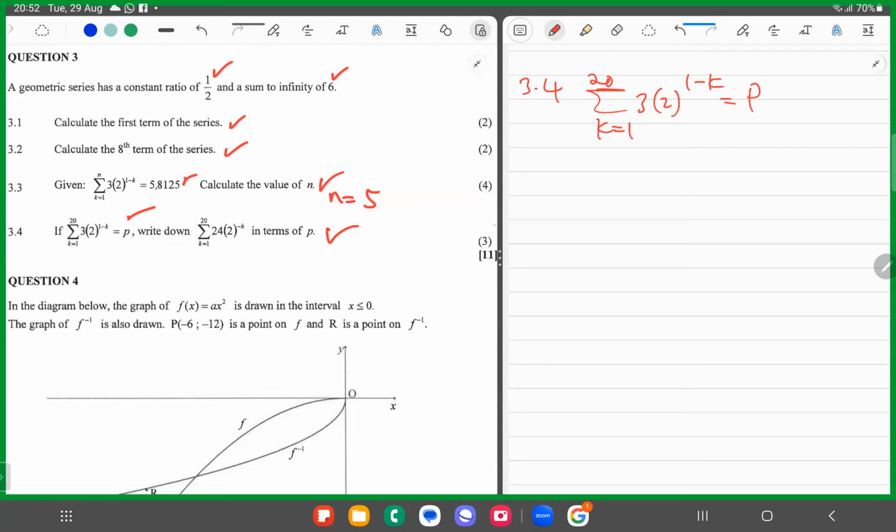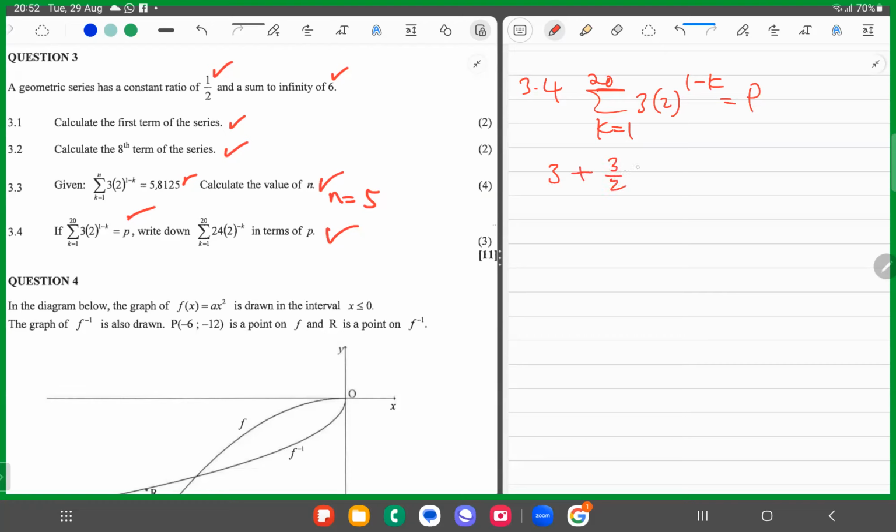Right, you have been given that this equals p. Write down this summation in terms of p. So this one we have already expanded from the previous question. It became 3 plus 3 over 2.